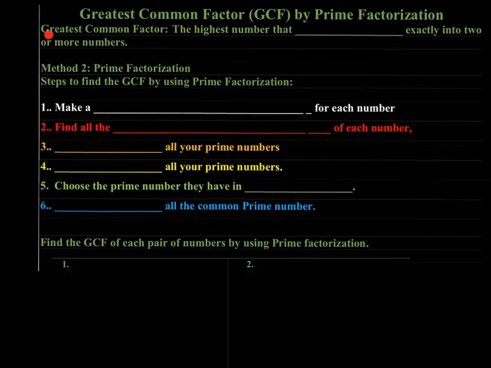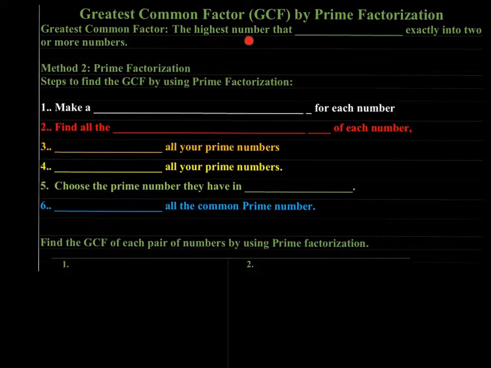Alright, so yesterday we talked about what a greatest common factor is. And again, the greatest common factor is the highest or the biggest number that divides exactly into 2 or more numbers. So let me write that down.